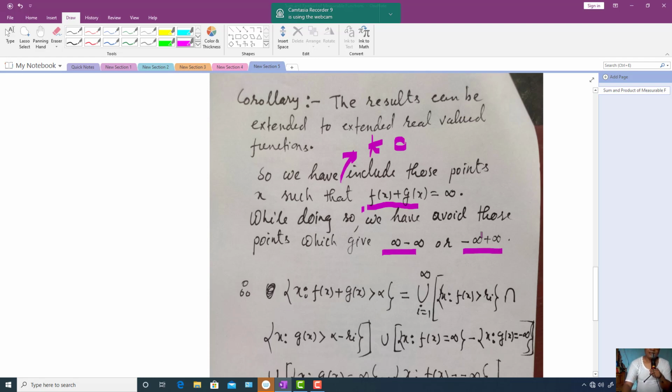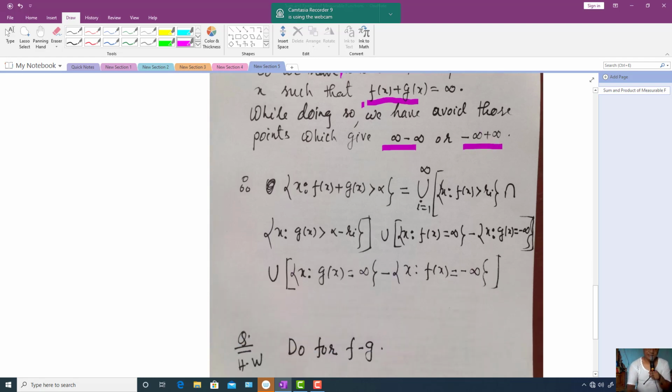All right, so now let us see. We want to prove the sum of these extended real valued functions, f of x plus g of x, is measurable. So for any alpha, this set must be a measurable set. For the real valued function you get this one.